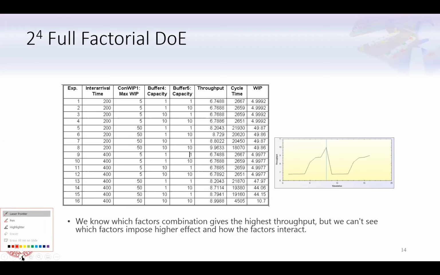If I try to highlight for you here, you will see which one will give you the highest throughput. I think very quickly you can see that this is the highest throughput, and it is quite expected that the inter-arrival time will be low, and then CONWIP will be high, and then you have high buffer before and after.